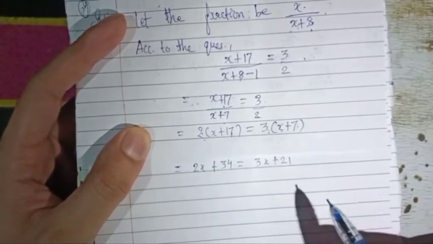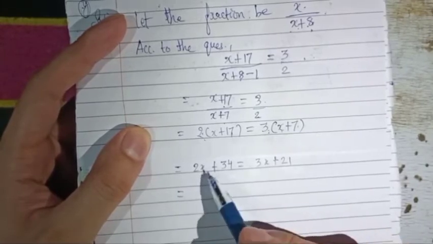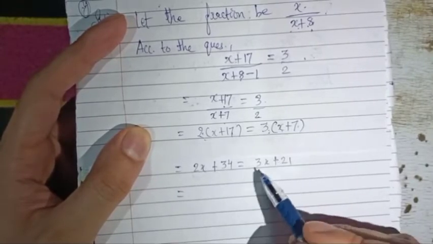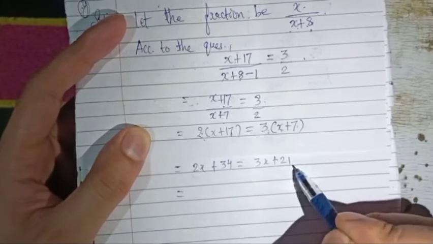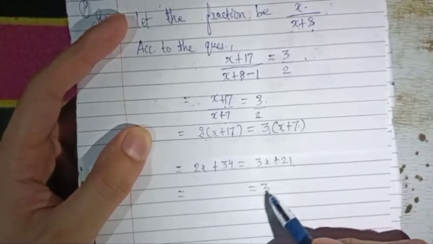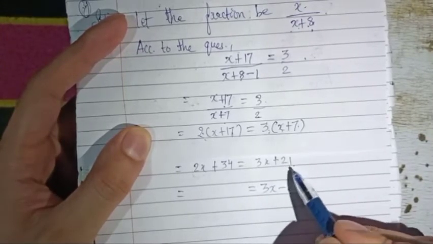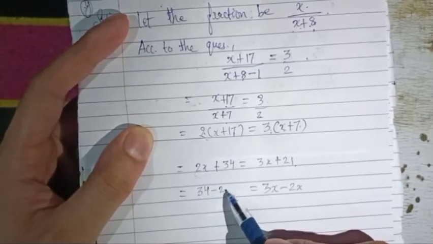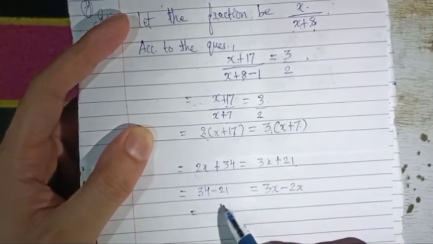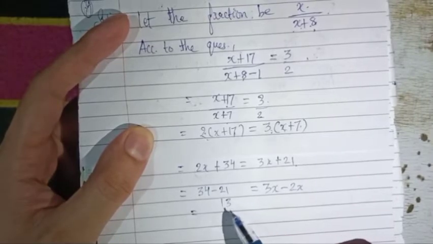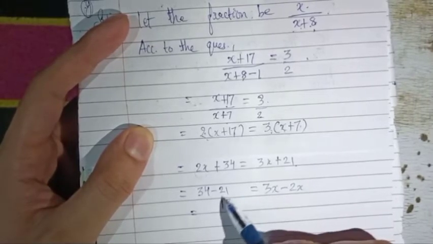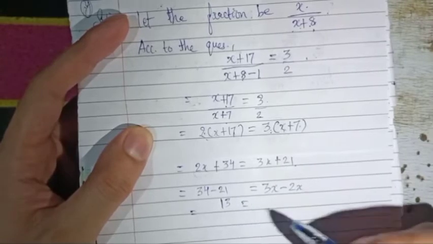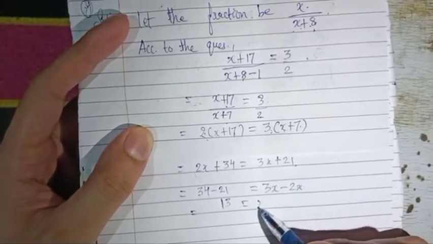So it will become this 2x, we will take 2x to the right hand side, so it will become negative, so 3x minus 2x. Now 21 will go toward the left hand side, so 34 minus 21, 34 minus 21 is 13, is equal to 3x minus 2x is x.